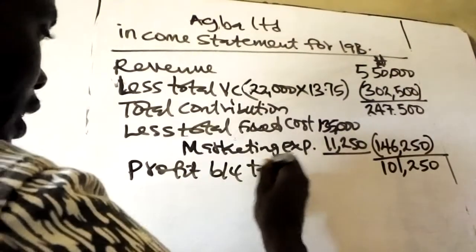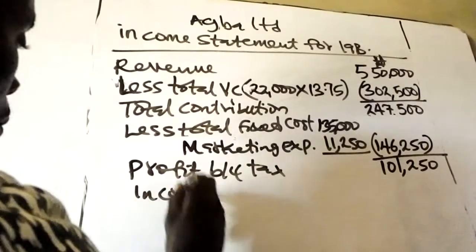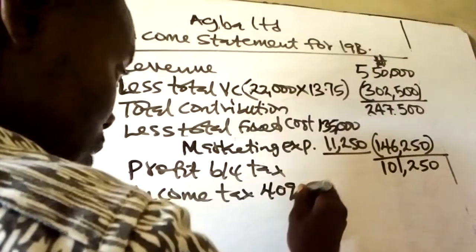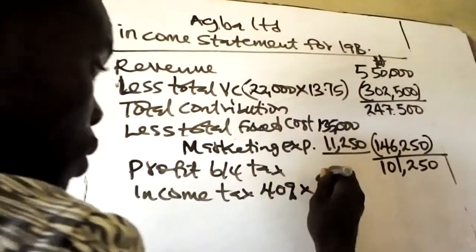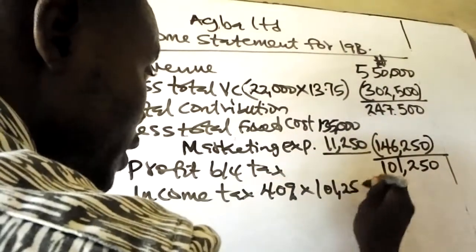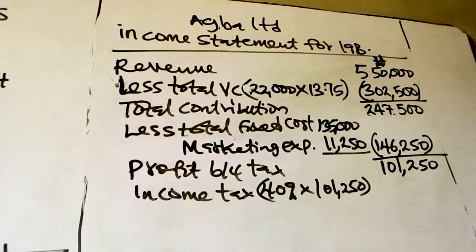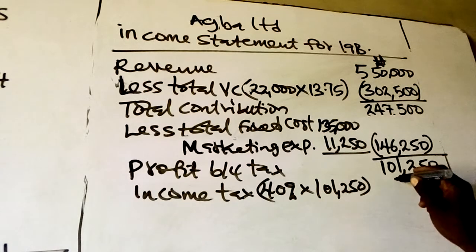Then you now have income tax at 40% tax rate. 40% of 101,250 will be 40,500. That is our tax.